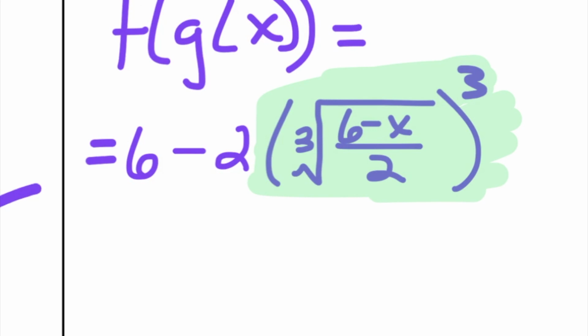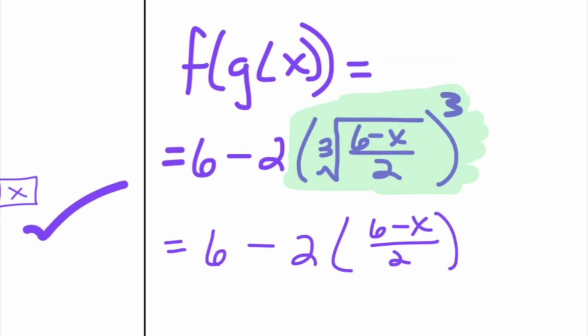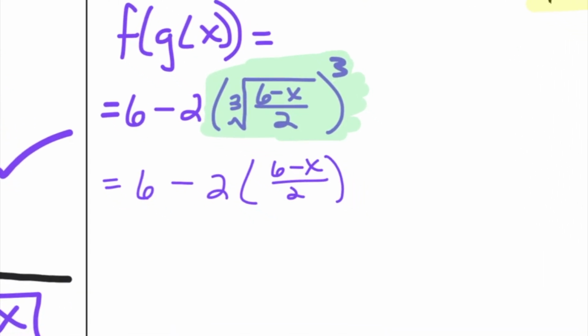And so that whole thing ends up being equal to 6 minus 2 times the fraction 6 minus x over 2. Now, be careful. I see that my 2's cancel, but the minus sign does not cancel.